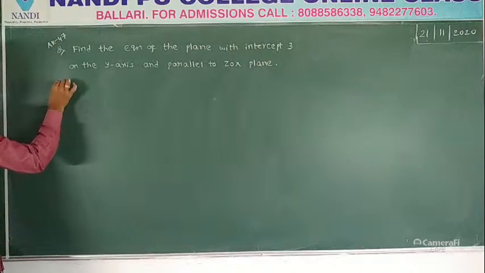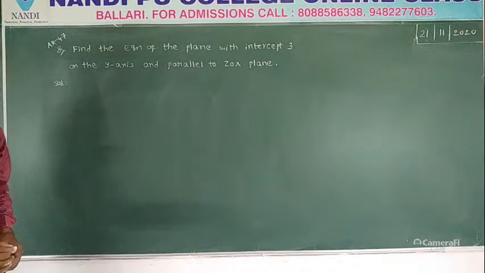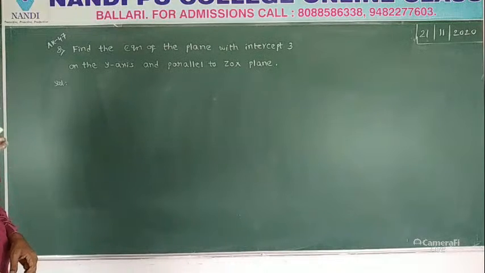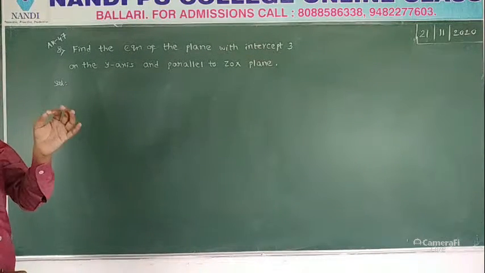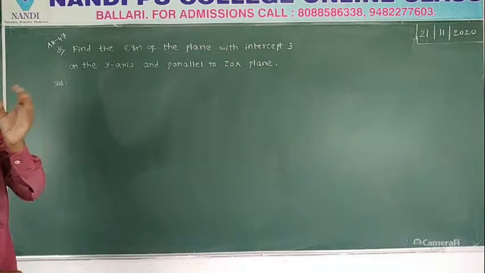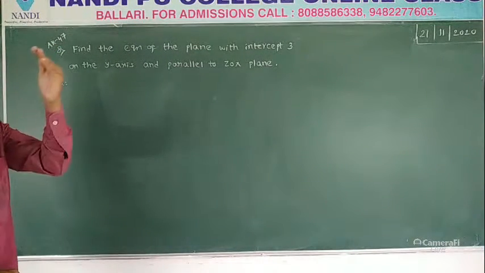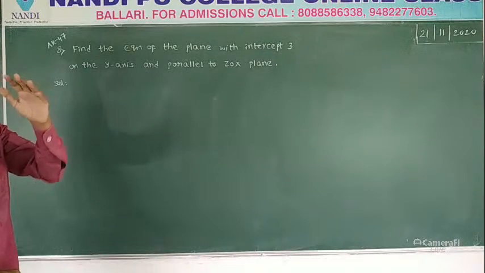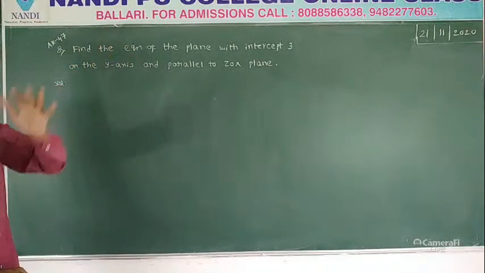Okay, solution. Understand the question? We are going to find the equation of the plane. Exercise 11.3, all problems are related to planes only. 11.2, all the problems are related to lines. This is planes.